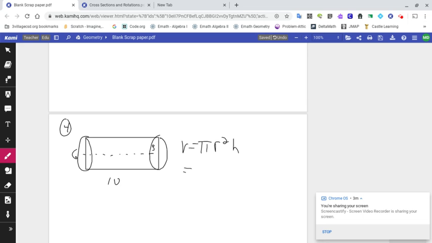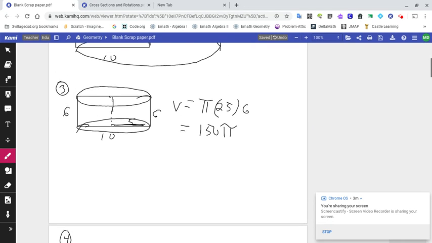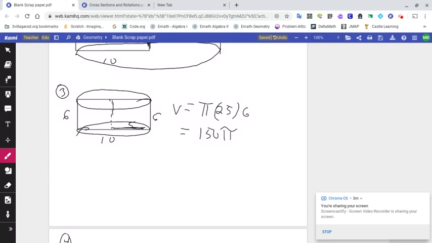The radius would be 3, squared would be 9, so this would be pi times 9 times 10. That would be 90 pi, a cylinder with a volume of 90 pi. So that's how we get our answer of 3. We're checking what would be the volume of each cylinder created by rotating it around each of those lines. Hopefully that clears that one up.